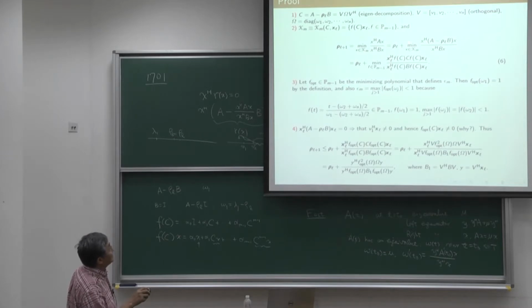Now this x is in the Krylov subspace, and every vector in it takes such a form. So the minimization becomes over all polynomials f, such that x equals f of C times x L. That's when the polynomial comes in.